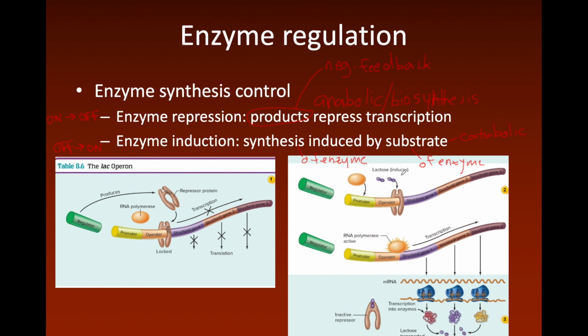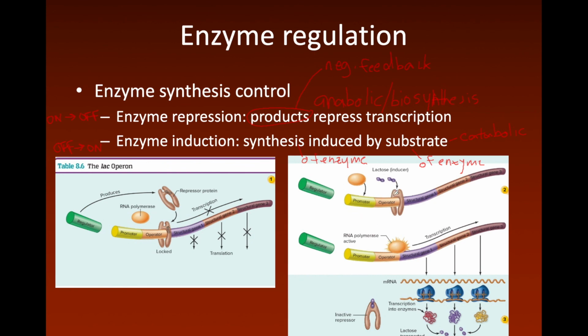Remember that when the substrate of the enzymes is present, in this case lactose, the enzymes involved in lactose catabolism break down lactose to produce glucose. And so these enzymes are only turned on or made when they are needed, when lactose is present.